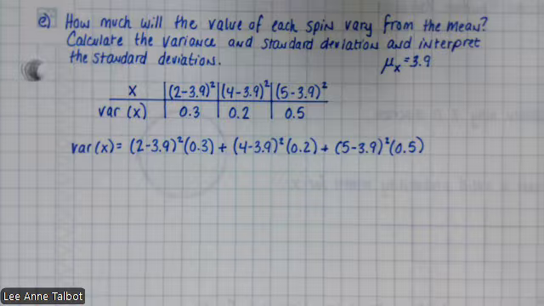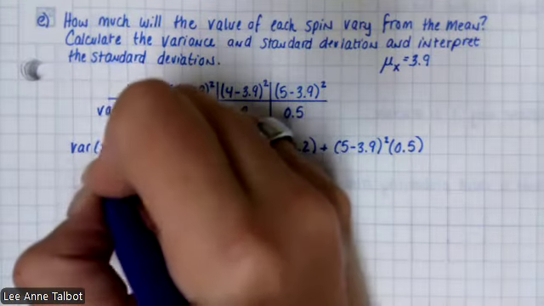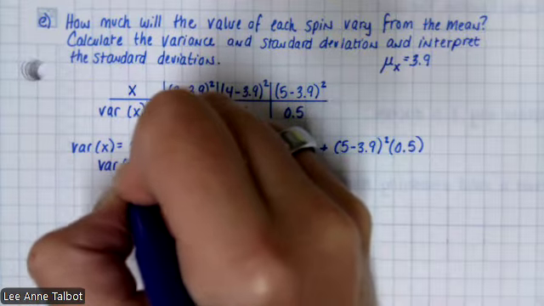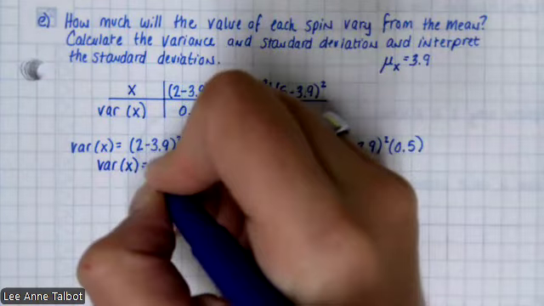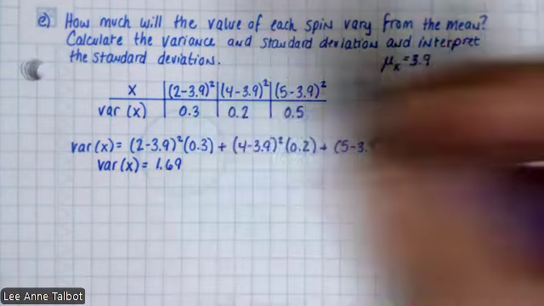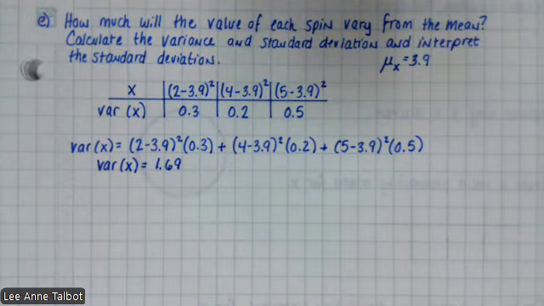So again, top times the bottom plus top times the bottom plus top times the bottom. And just for speed purposes, I'm just going to give you the number you would get from the calculator if you added all of that up.